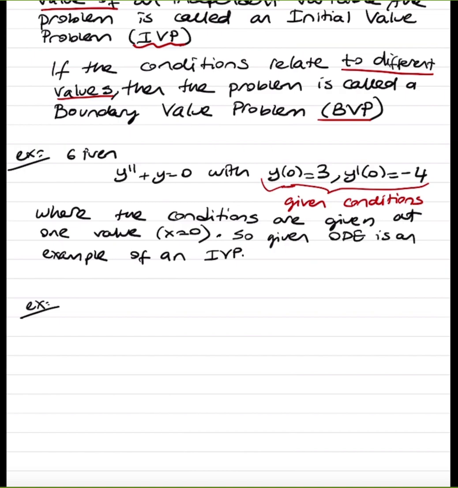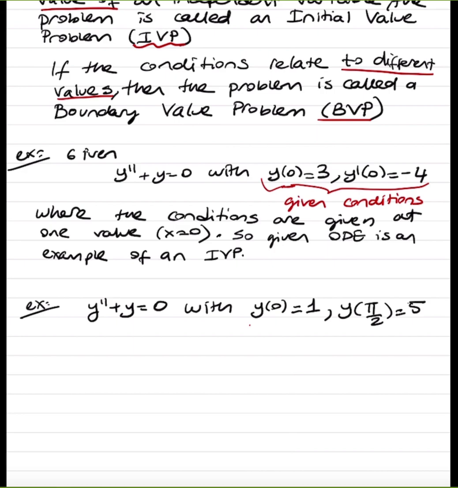Okay, let me give an example of a boundary value problem. Let's have the same differential equation, but this time the conditions are y(0) is equal to 1 and y(pi over 2) is equal to 5.